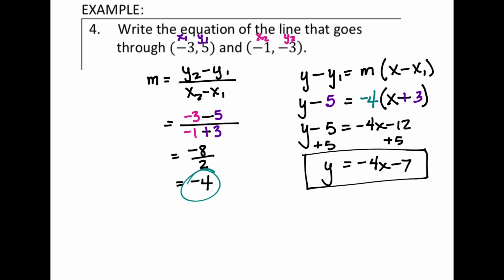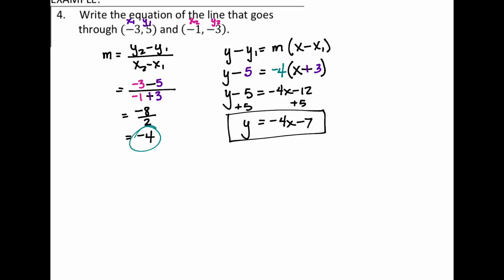Okay, so let's do the pink point just to show you. So starting over, y minus y1 equals m times x minus x1. I know I just wrote it, but I'm writing it again. So pink point this time. So y minus negative 3 is equal to the slope we just got times x minus negative 1, which makes it add 1.